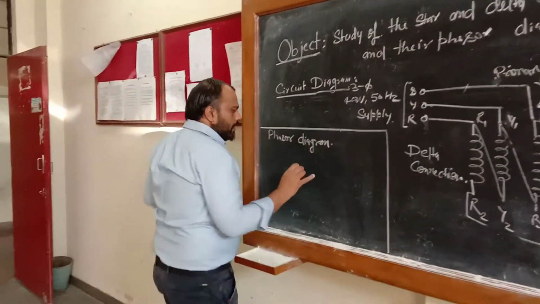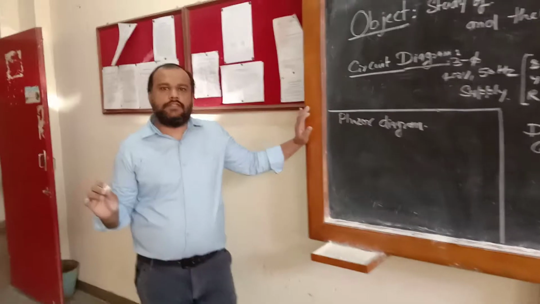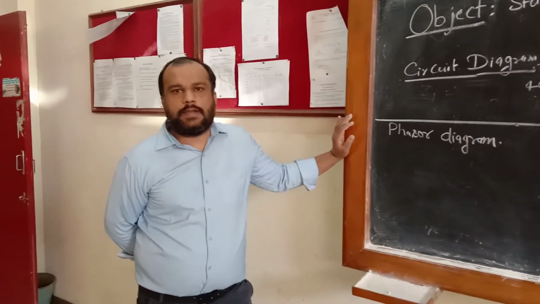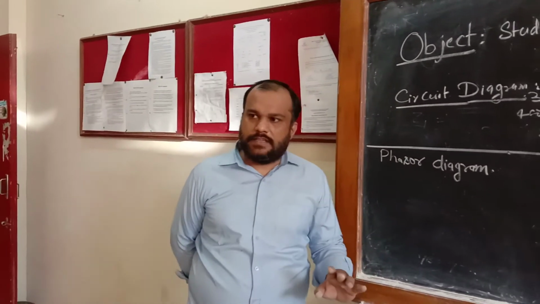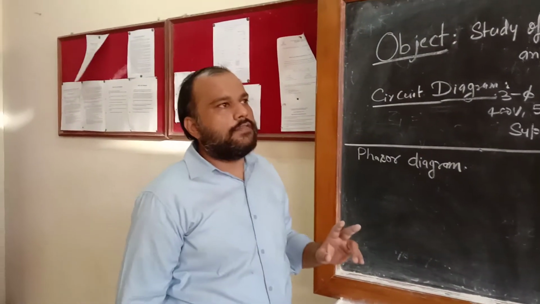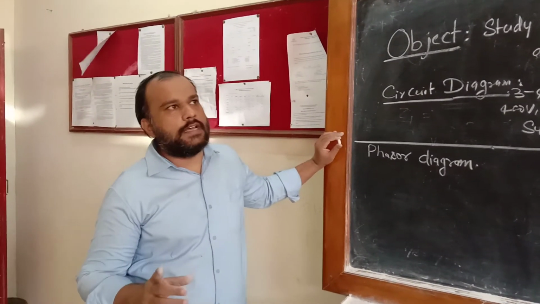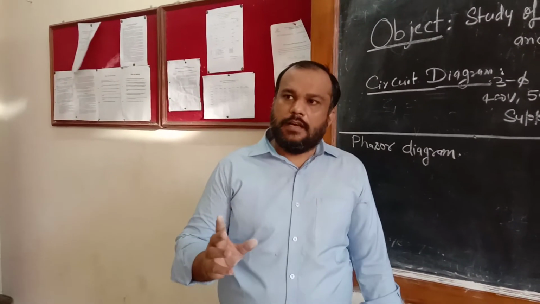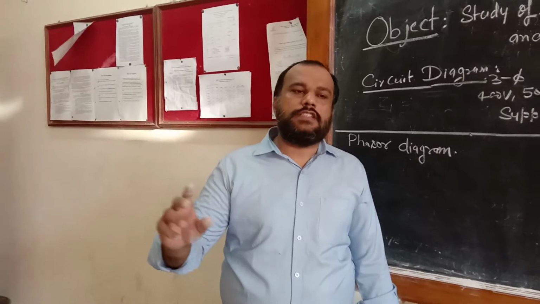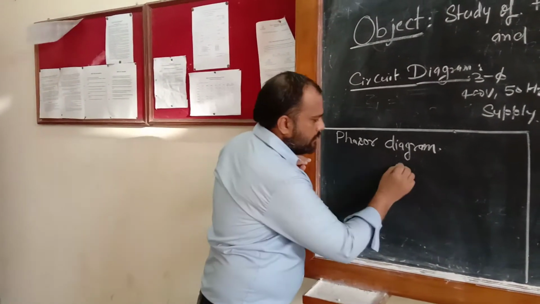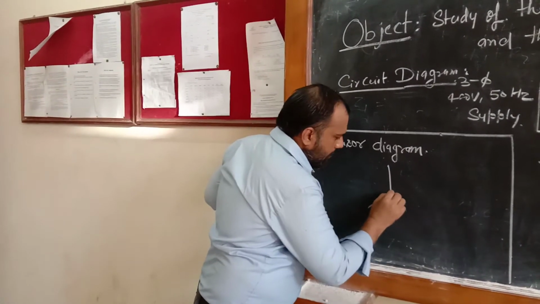So now we are discussing the phasor diagram of a three-phase transformer. Three-phase supplies are of two types: balanced three-phase supply and unbalanced three-phase supply. In our syllabus, we have the balanced three-phase supply. Balanced three-phase supplies are those in which we have three voltages equal in magnitude but apart from each other by an angle of 120 degrees. So we have three phase voltages VR, Vy, and Vb.